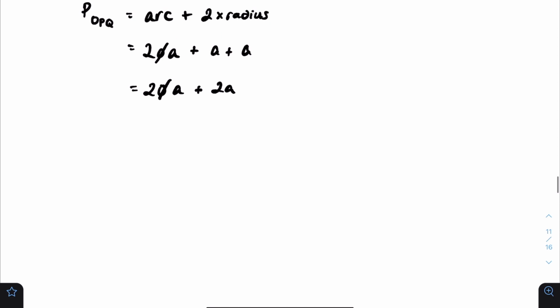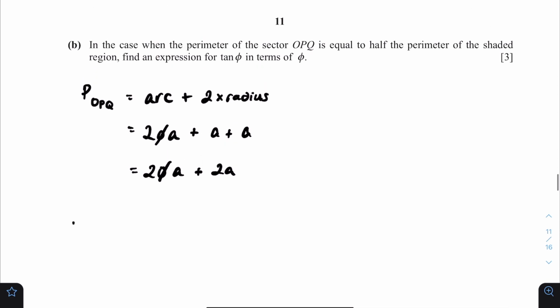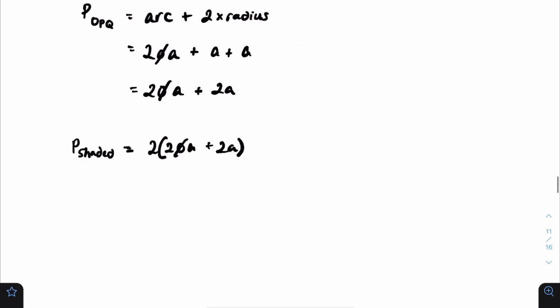Well, we know that P of shaded is 2 times OPQ, so it's 2 times 2 phi A plus 2A, which is 4 phi A plus 4A.